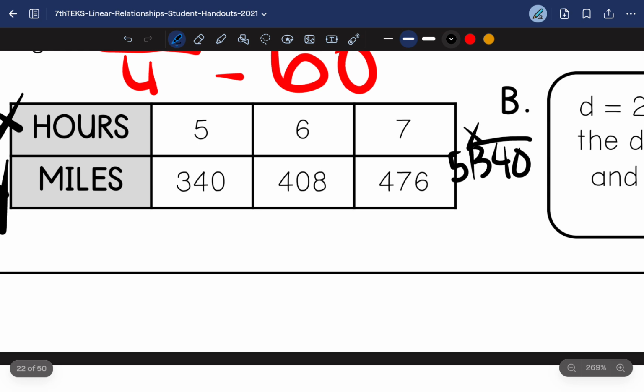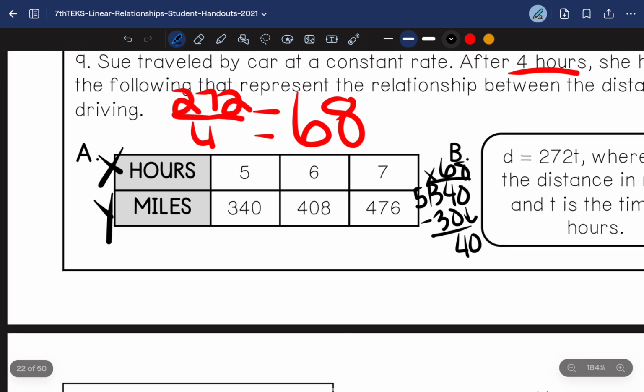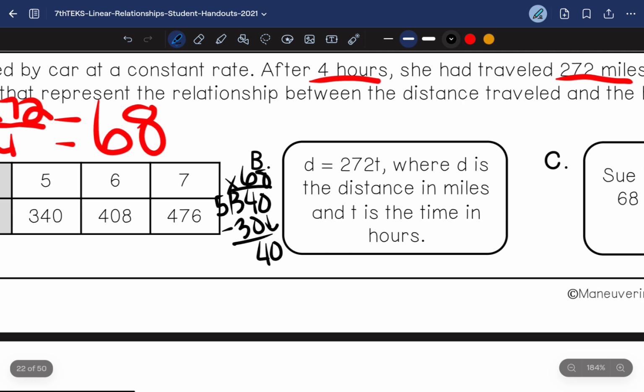All right, so it doesn't go into 3, but it goes into 34 6 times without going over. I'm going to subtract 30 for a remainder of 4. Bring down that 0. It goes in 8 times. So yes, A could possibly be, or it is, one of our representations.